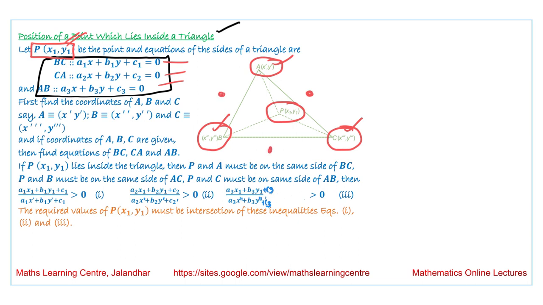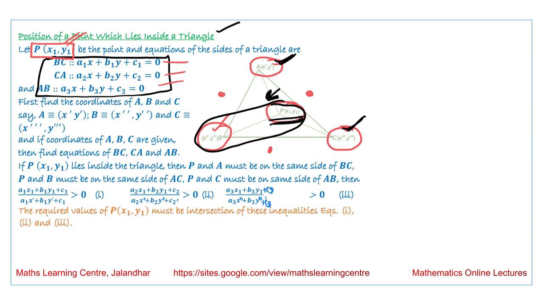So this point P(x1, y1) will lie inside the triangle if, corresponding to this side AC, B and P are on the same side.